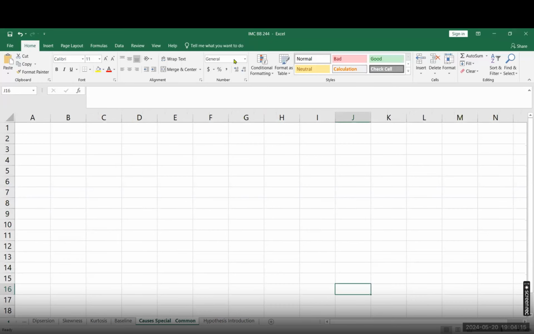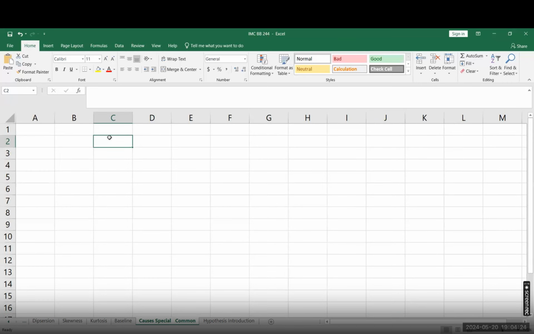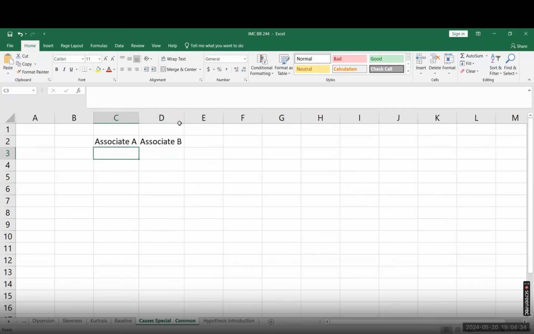So we'll start with an example. Suppose you have two team members, associate A and associate B, in your team. These people are doing some task, the same task, repeatedly.